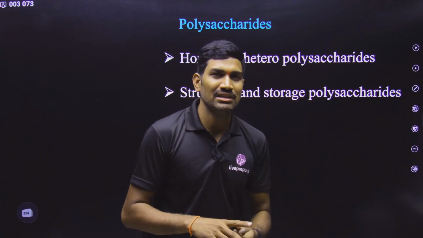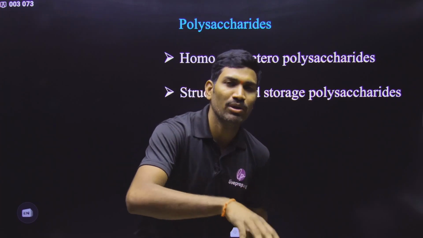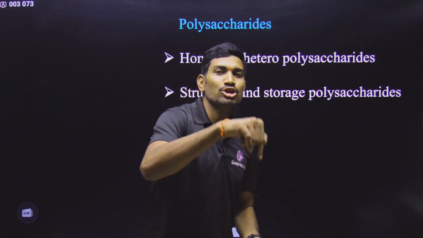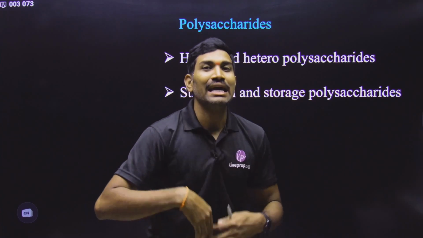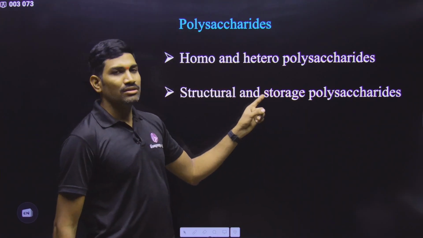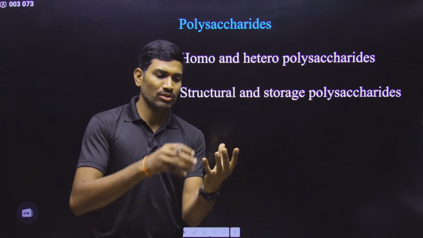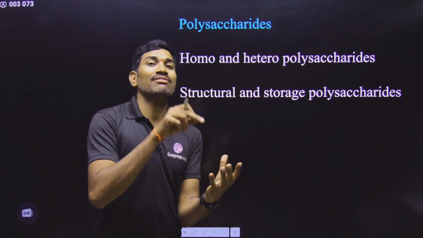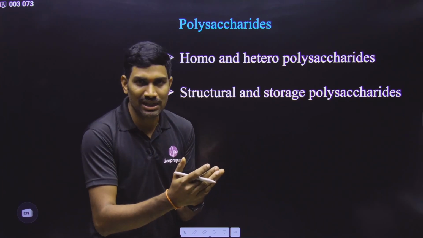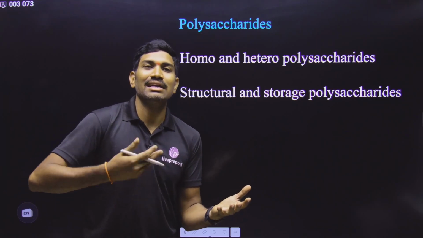Now you need to understand this. Why is a cell storing sugars in the form of polysaccharides? Because later on these stored polysaccharides can be used as energy sources. Whenever there is a requirement, the cell will break that storage polysaccharide, get the individual units, and again get energy from that.